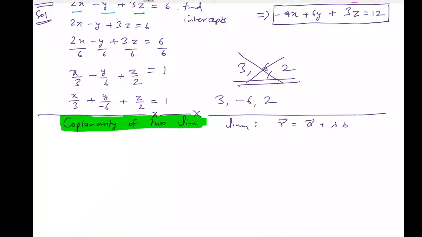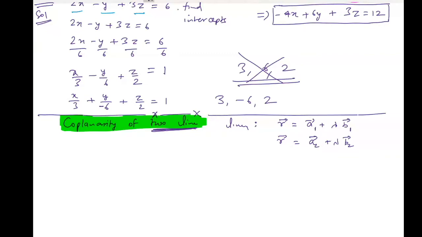Here we have two lines, so obviously a and b will differ in both lines. This is the first line, and the second line is a2 plus lambda b2. How do we check whether these two lines are coplanar or not?